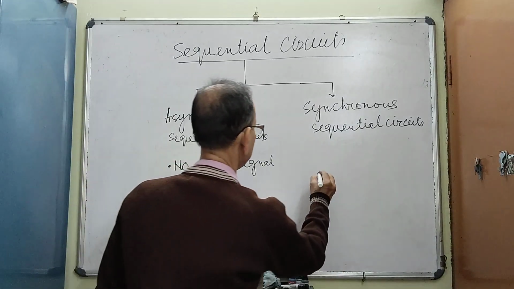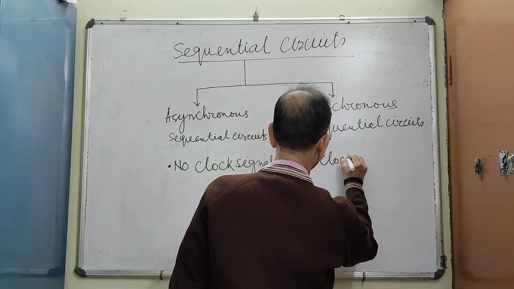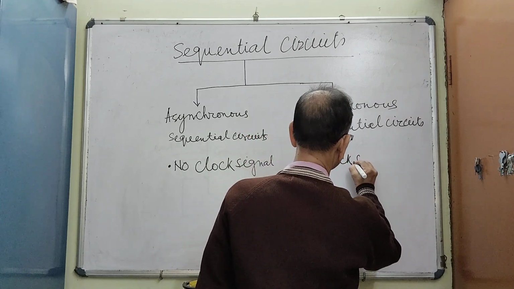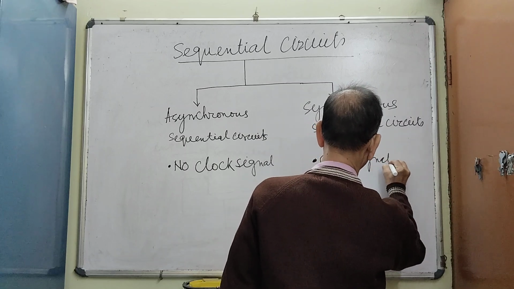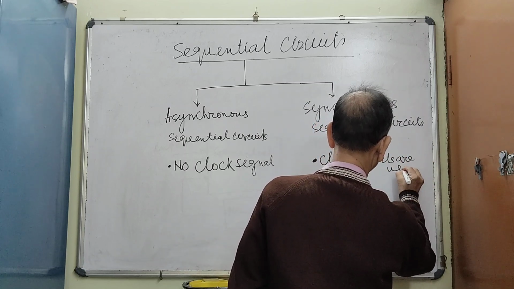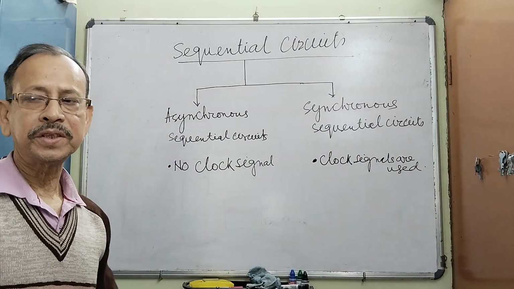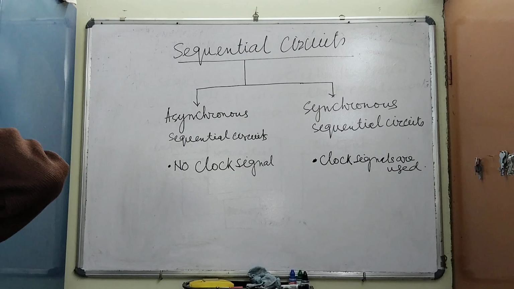But in a synchronous circuit, a clock signal is needed. Clock signals are used or needed. This is the basic difference.